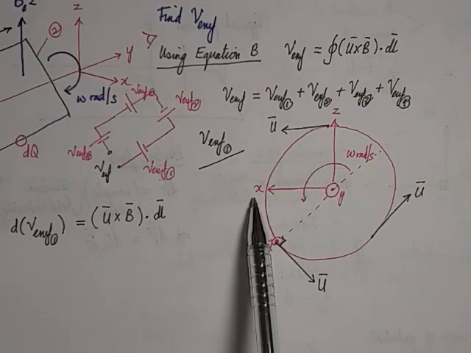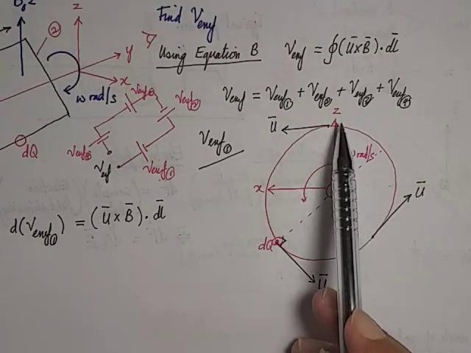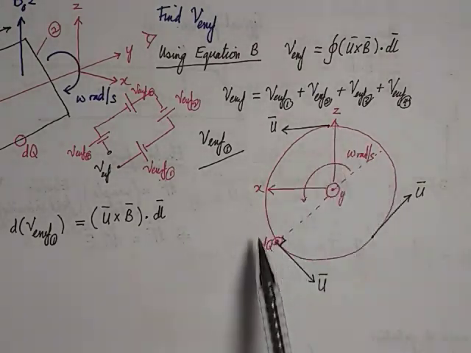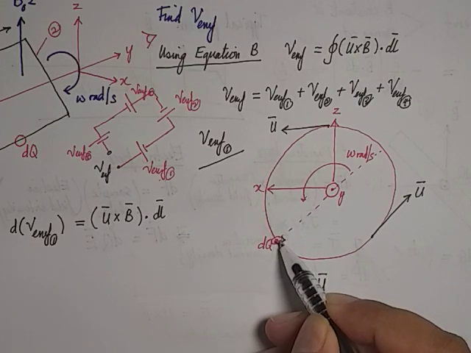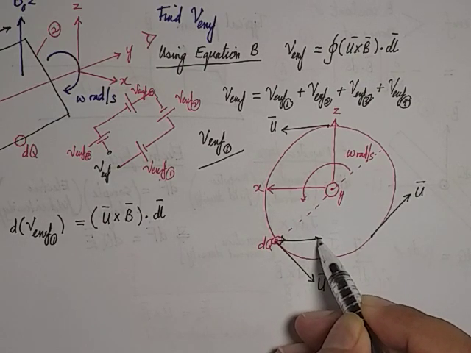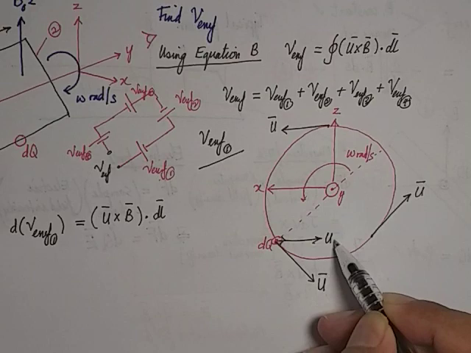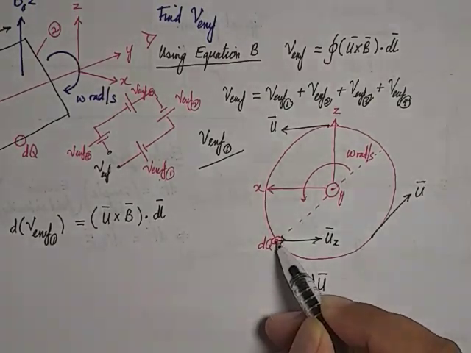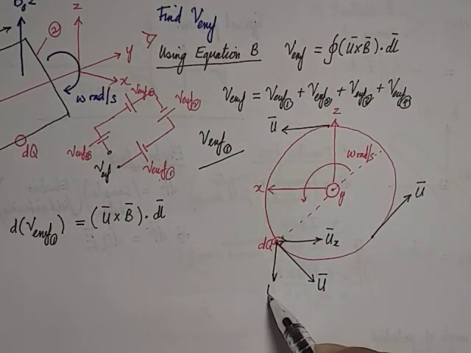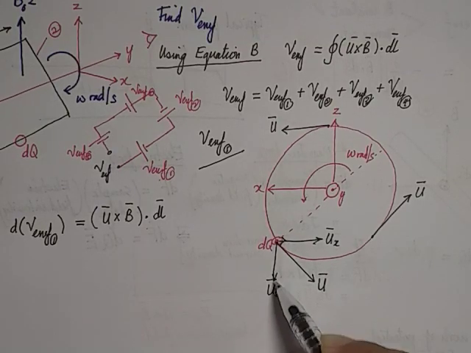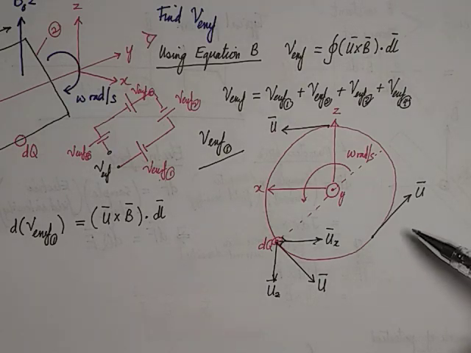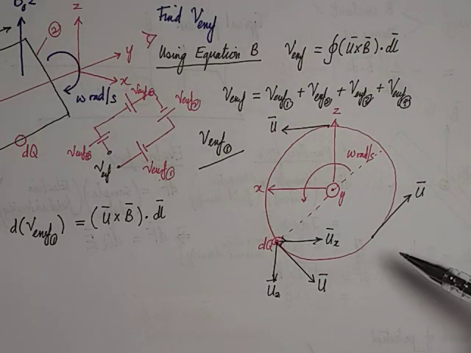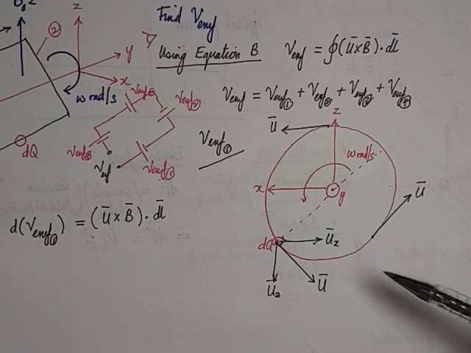Yes, the x-axis as well as the z-axis always remain fixed in this particular diagram. So it's much easier if we can split the u into those components. So what components? The ux and the uz. Because wherever the position of our dq, the u always contains the information of ux as well as uz.